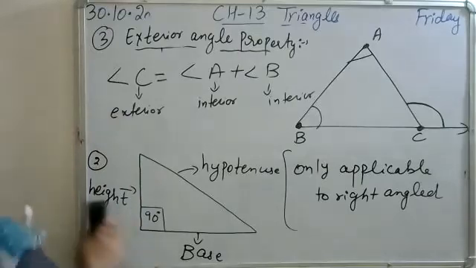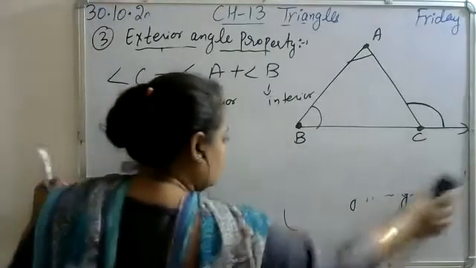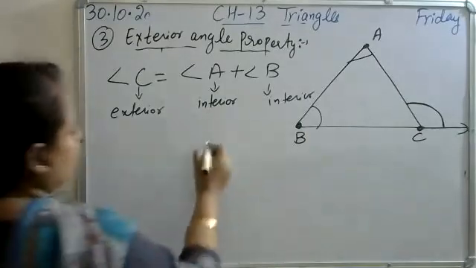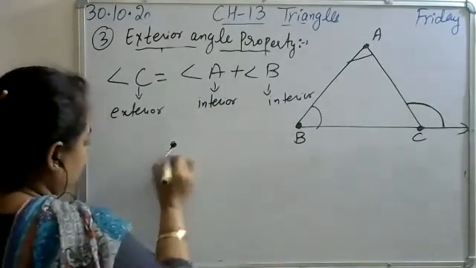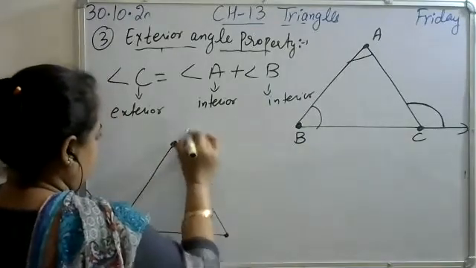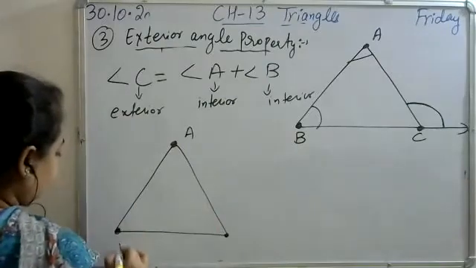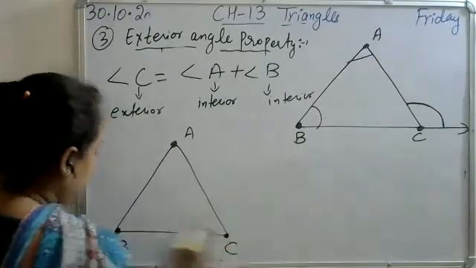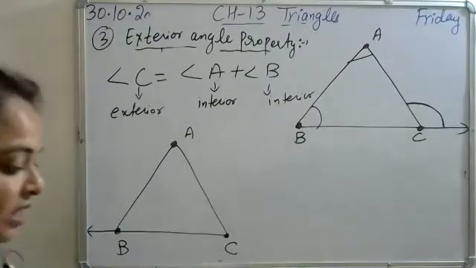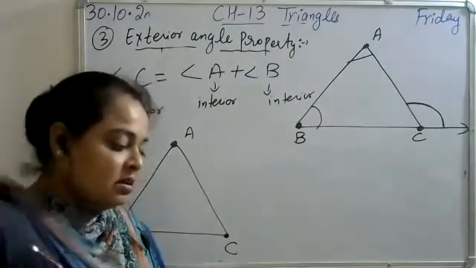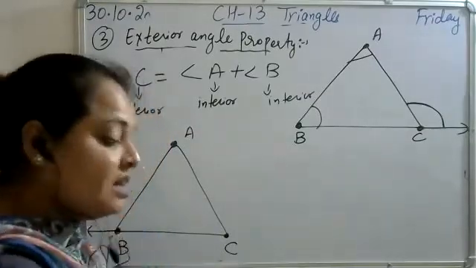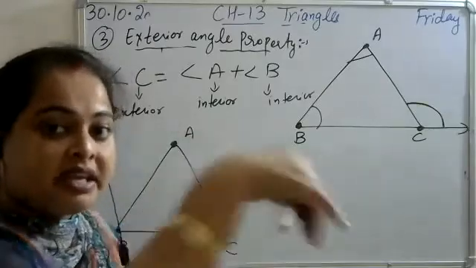Okay, now come to the next same property but different diagram. This is A, this is B, this is C. Now interior means inside. Yes, Mehak, interior means inside. Exterior means outside and interior means inside.